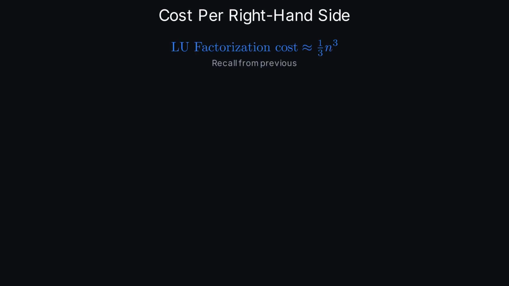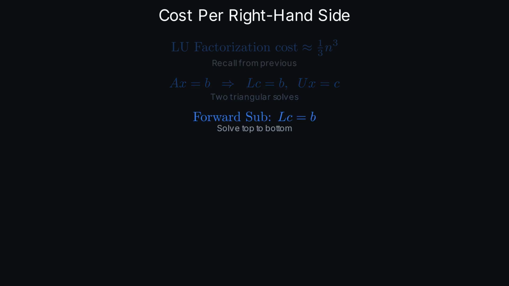Now let's count the cost for each right-hand side. With L and U already stored, solving AX equals B becomes just 2 triangular solves. Forward substitution solves LC equals B, working from top to bottom. The kth row requires k-1 operations.